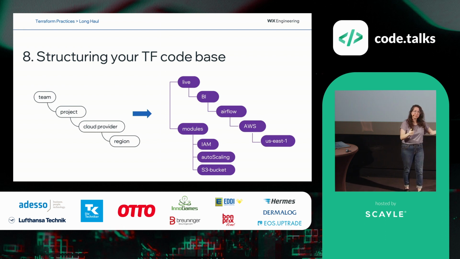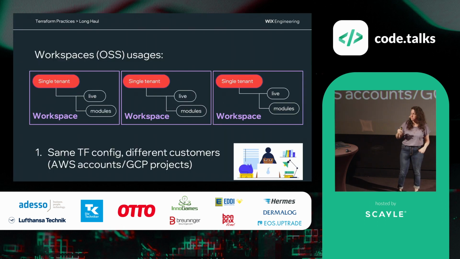And I'm like, no, I didn't ask you to do that. This is what happens when you have big state files. So that structure allows you to have small state files, because as you can see, the state file is only for Airflow in BI, in US East 1, in AWS. We should really help Terraform do good and avoid invalid dependencies, and that's why this is good to do.